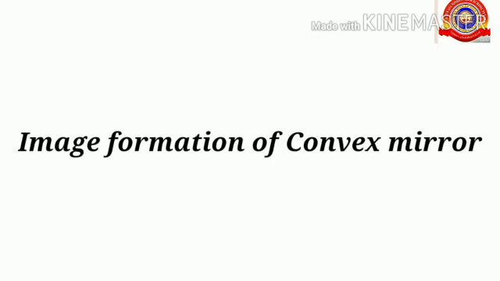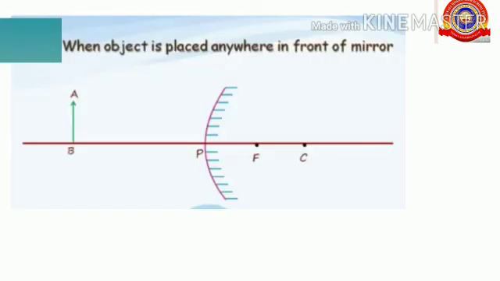Next one, the image formation of convex mirror. In the case of a convex mirror, when the object is placed anywhere in front of the mirror, we get the image behind the mirror.